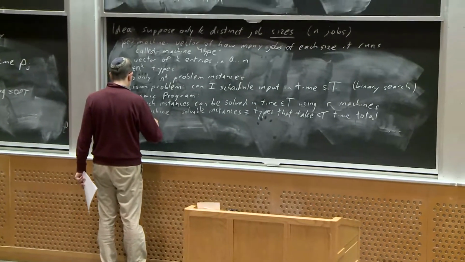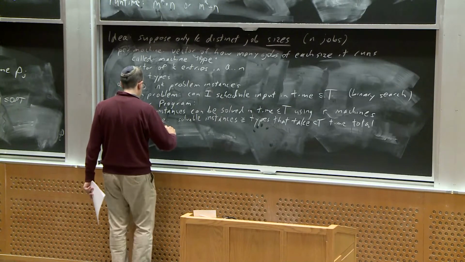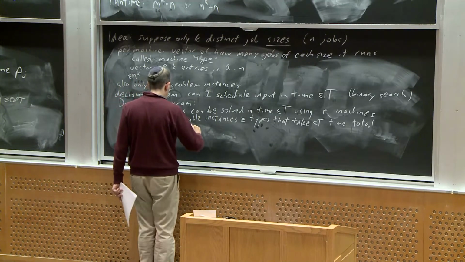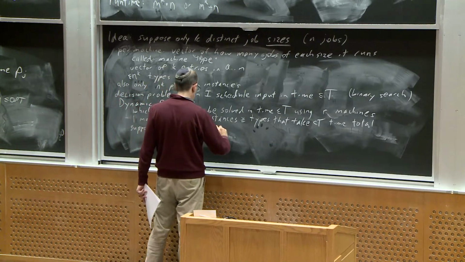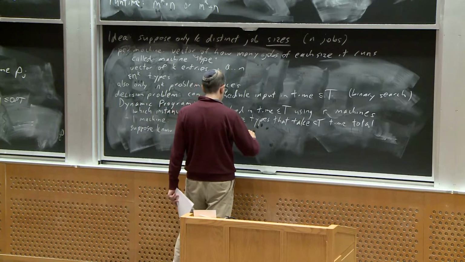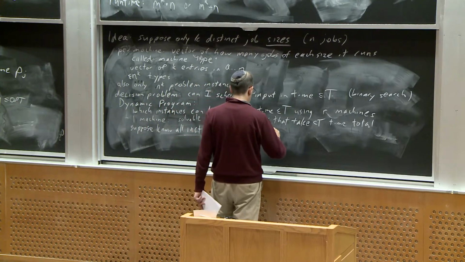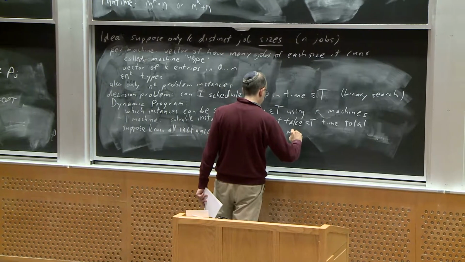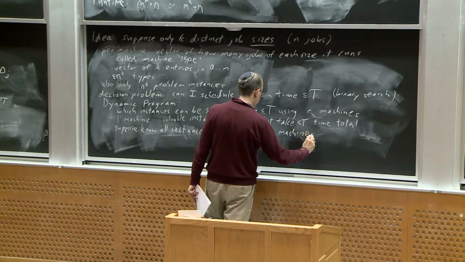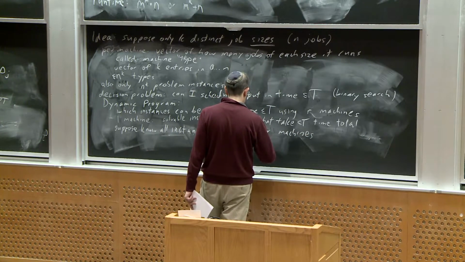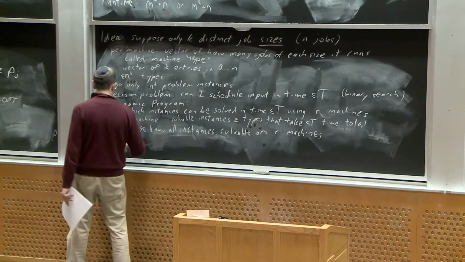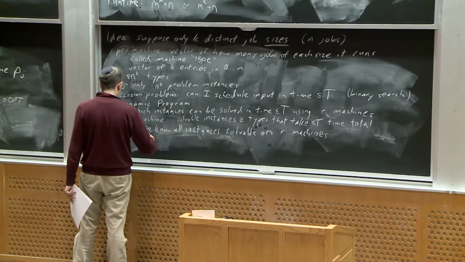Okay. Now the dynamic programming part, right? Suppose you know all instances solvable on R machines. How do you find instances solvable on R+1 machines?